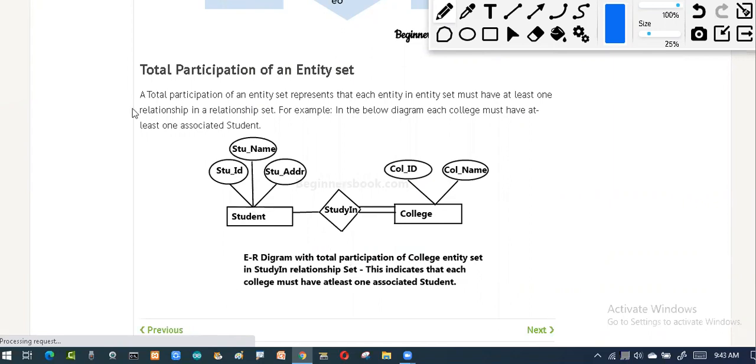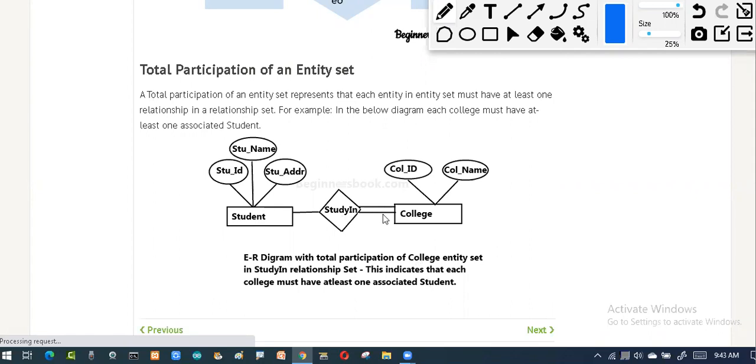We call that total participation of the entity sets. In this, each entity in the entity set must have at least one relationship. That means this particular entity or this particular entity should have at least one relationship. What is the relation between these two entities? Students are studying in the college, so they have some relationship.